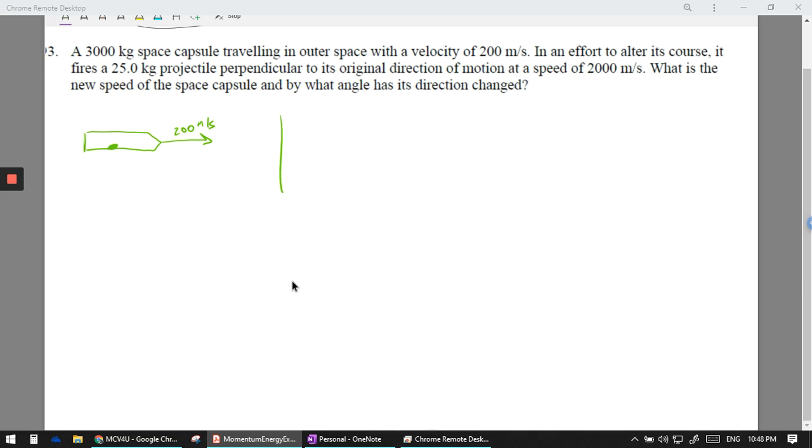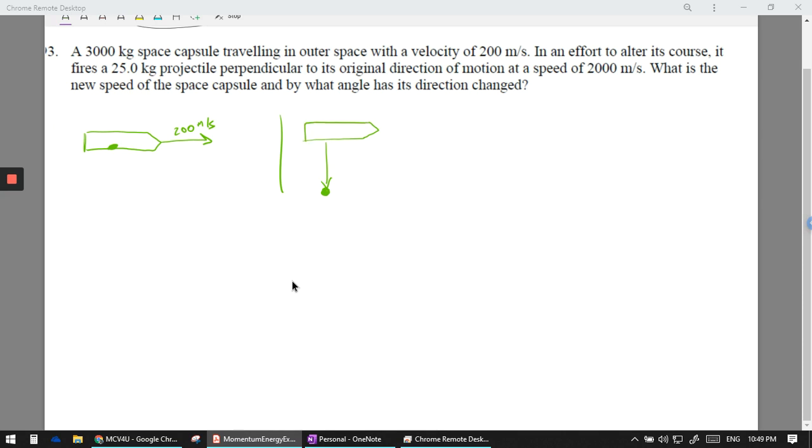Then all of a sudden, this green thing shoots down perpendicularly to its original direction of travel at 2,000 meters per second. What is the new speed of the space capsule? So this little ball or whatever that thing was shoots out there, and there we have it.